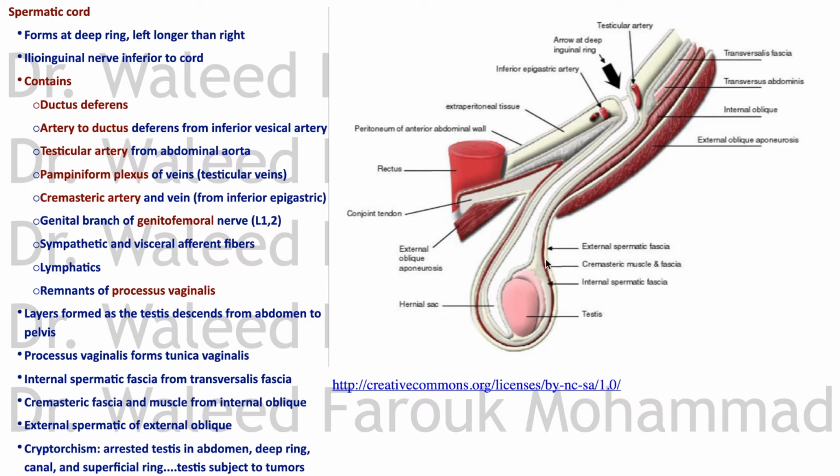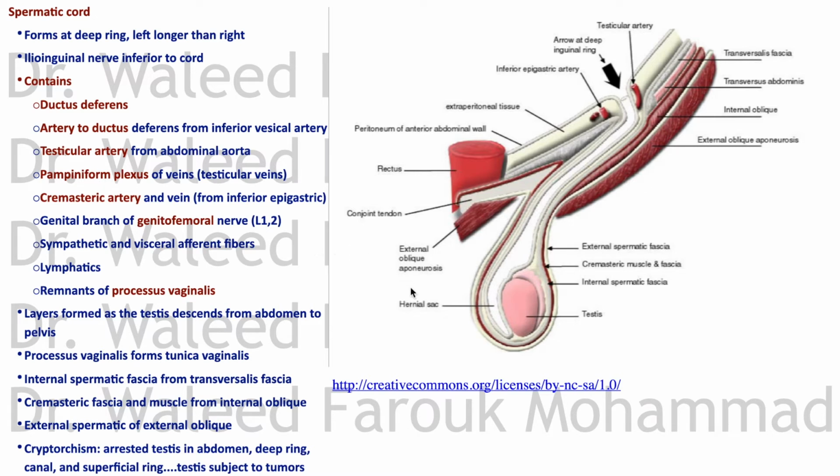So these are the coverings of the spermatic cord, and note that beyond the deep ring there is no spermatic cord. Every structure was separate. This is how the spermatic cord was formed by the descent of the testis.